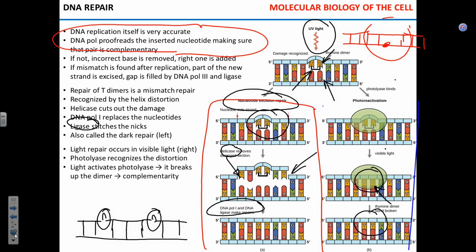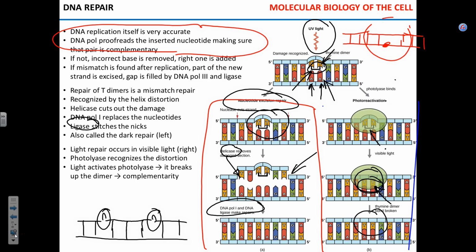That's the normal pairing. But if Mike and Rachel would hold hands, they won't be able to do it across the table. Does that make sense? So that bond here is a covalent bond, and it prevents both thymines from establishing hydrogen bonds with these two adenines. So what photolyase does, it breaks down that covalent bond, and the normal pairing is restored. Does that make sense?